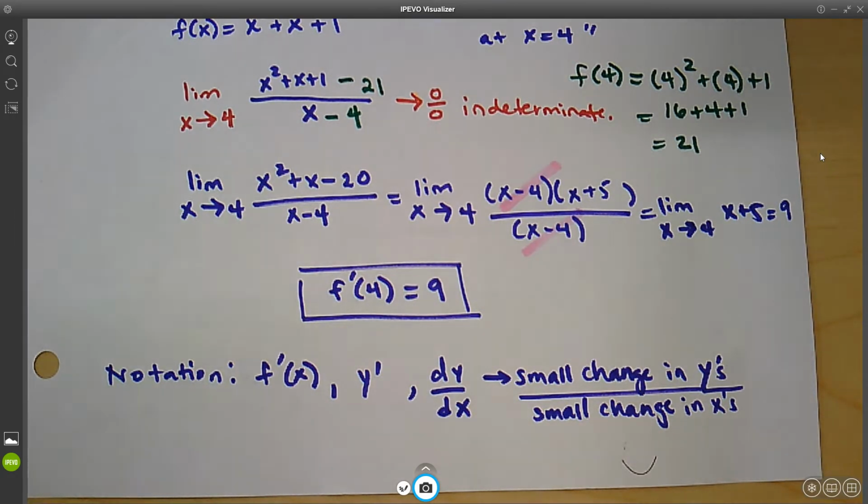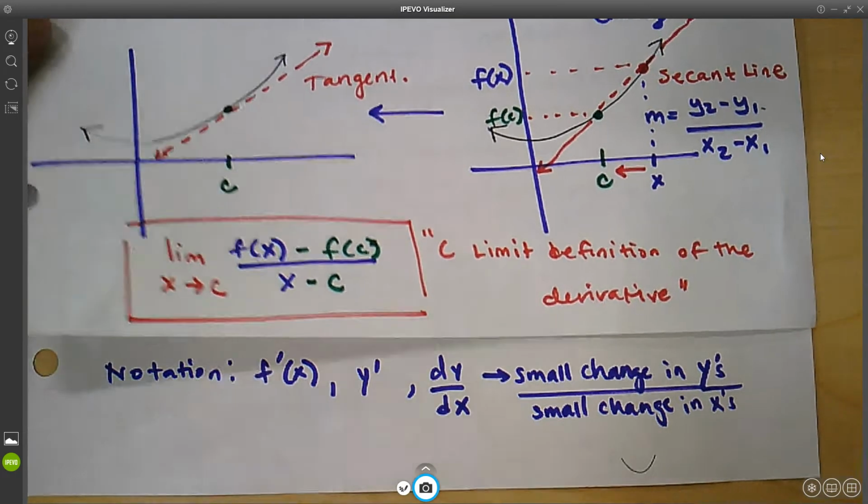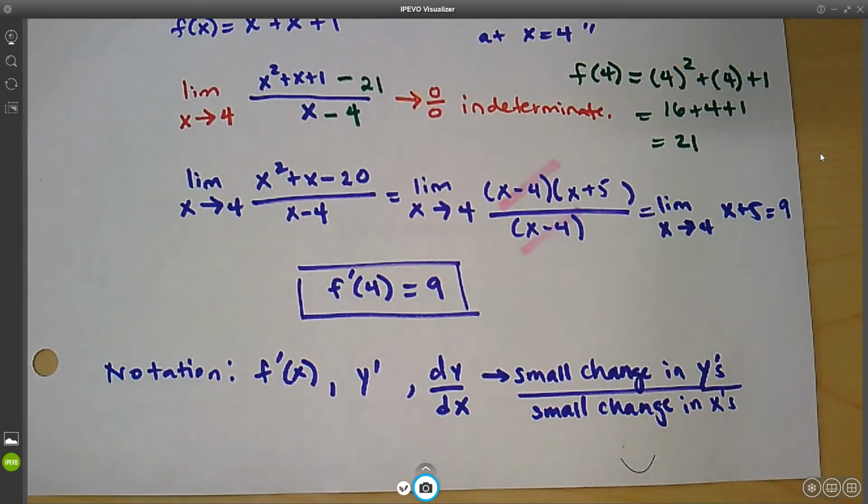All right, so each time we go and find a derivative at a particular instance, we must use this formula. But we're going to be asked many times to find a derivative. So we don't want to set up a limit for it each time. We need a formula to generate a derivative formula that will calculate the slope at all instants.